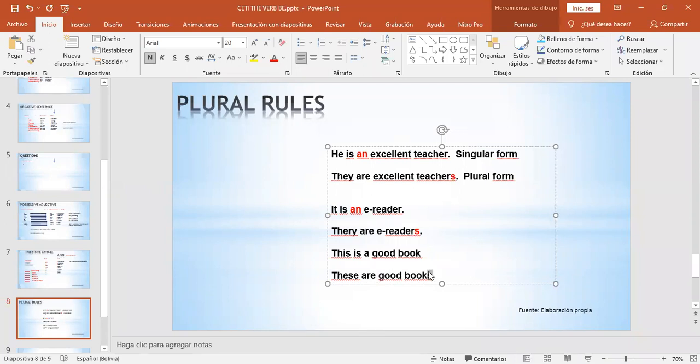Singular and plural, that is the difference. For singular, what do you need? For the noun, it is a, okay? For plural, obviously this is plural, are and books, okay? Any questions?